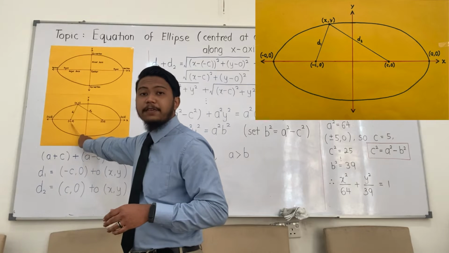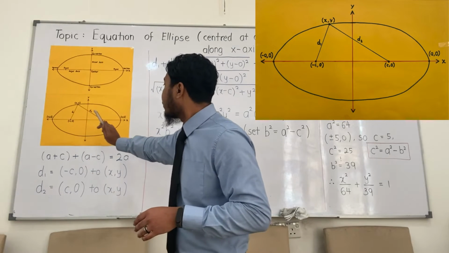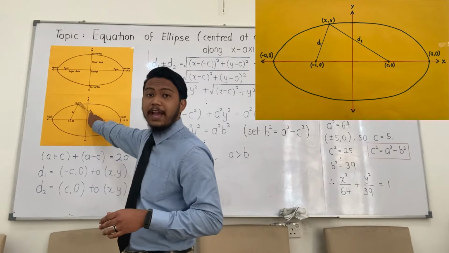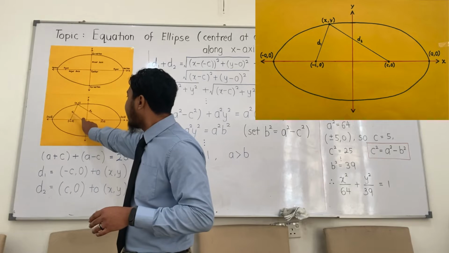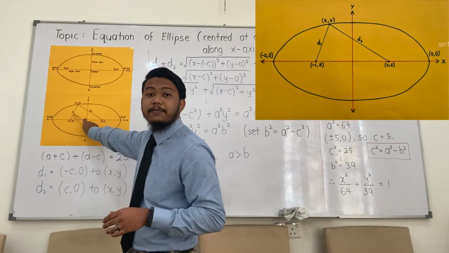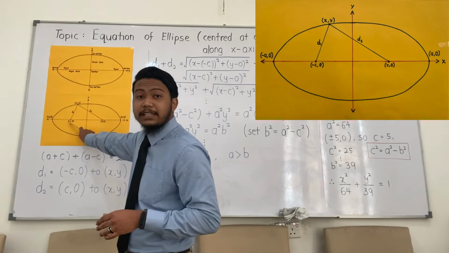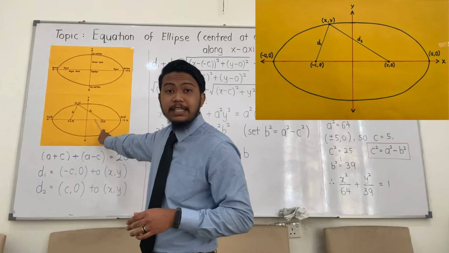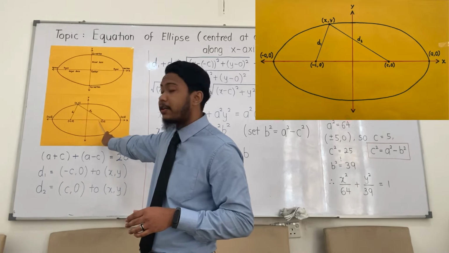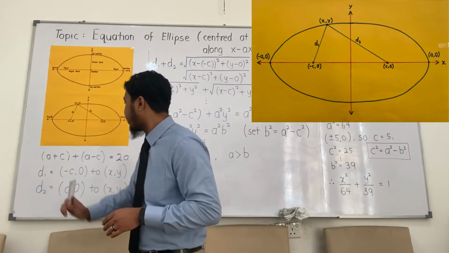On the left, the coordinate is (-c, 0). So here the point (x, y), d1 refers to the distance between coordinate (-c, 0) to (x, y). d2 refers to the distance from (c, 0) to point (x, y).